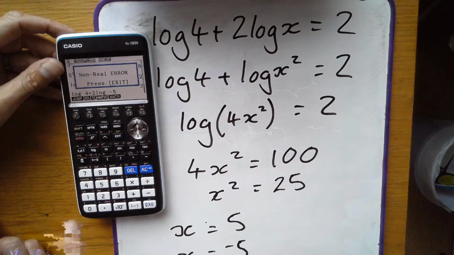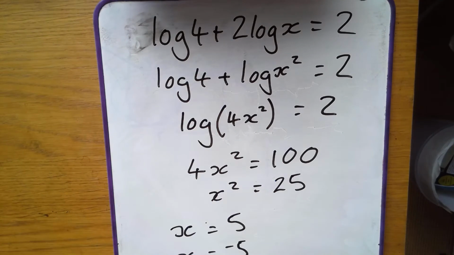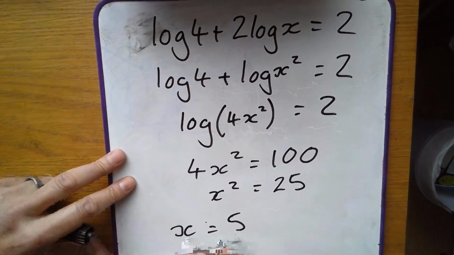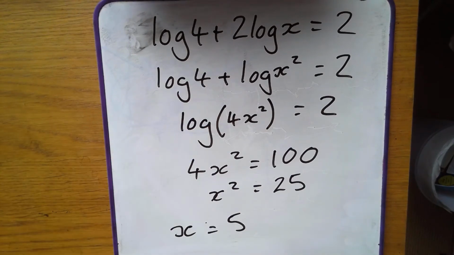What happens? I get an error. And the problem is you can't take a log of a negative value. So actually the answer to that question is x equals 5, because x equals minus 5 is an invalid solution. So that's something that's worth checking at the end.